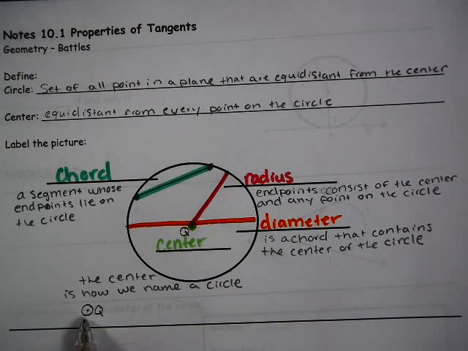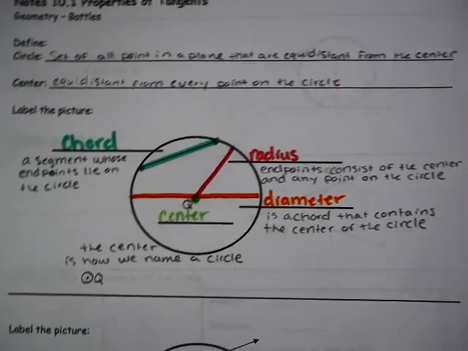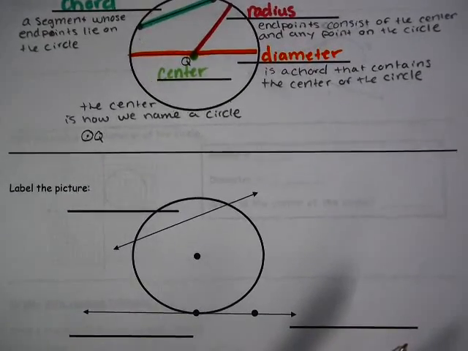So just understand that this is how you name a circle, and this is how it's going to be denoted in word problems.